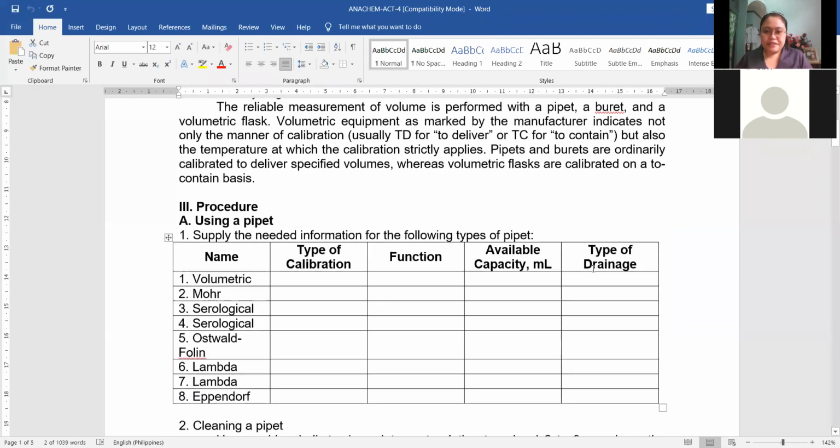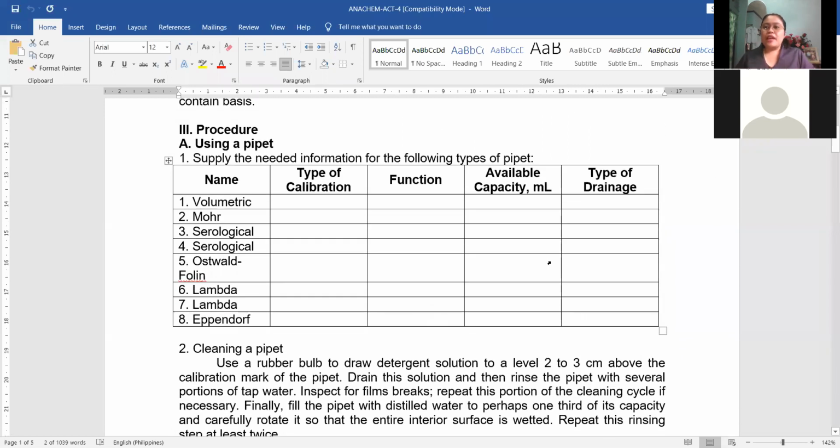Now, for your activity, you will be researching this. Mag-research kayo nito and you have to fill in the table. So, this is actually for the pipette. So, letter A, using a pipette. You have to supply the needed information for the following types of pipette. Okay?